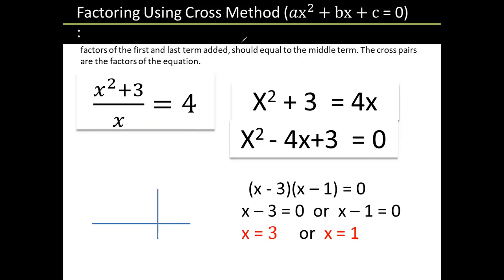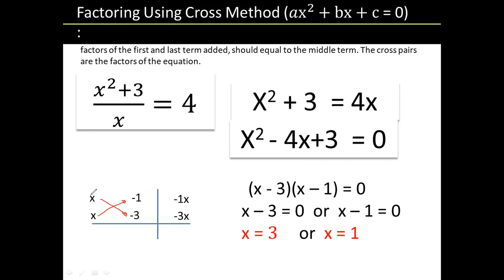Okay, so if we use the cross method, we can pair up the factors of x squared, which are x and x, and the factors of 3. There is no problem if we pair up if only x.